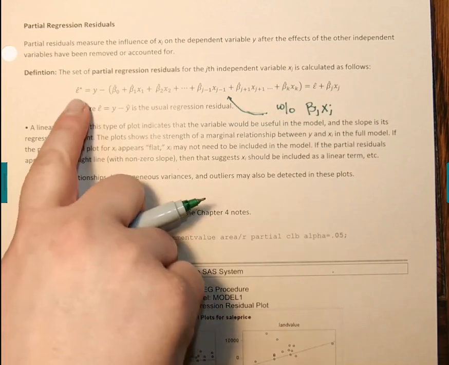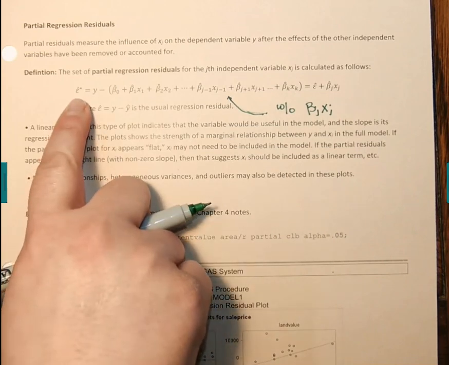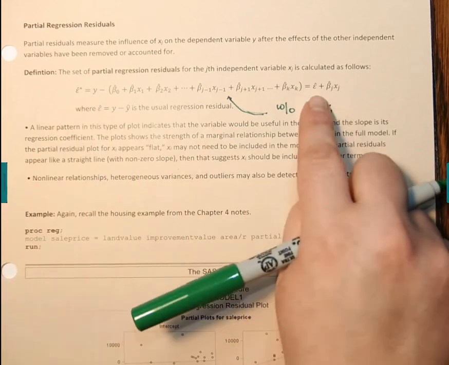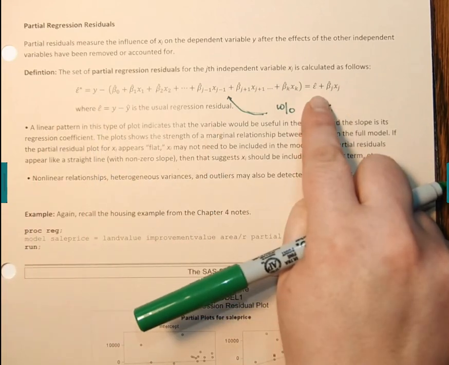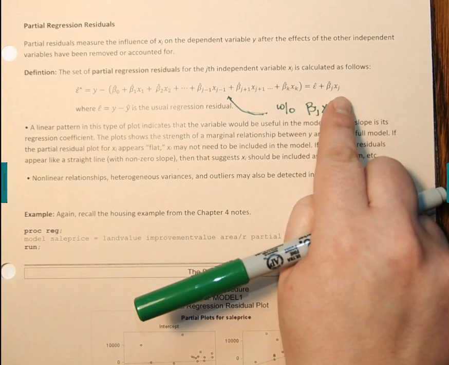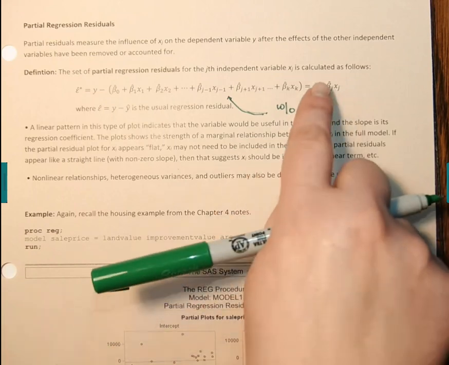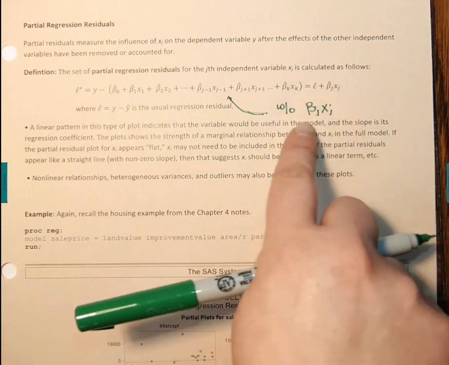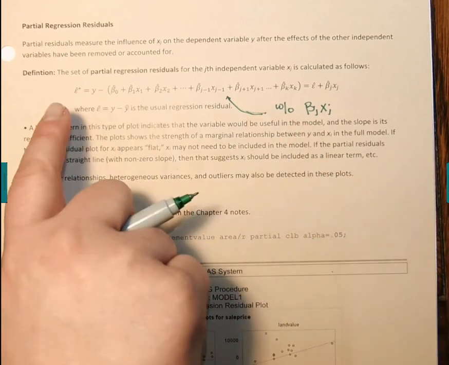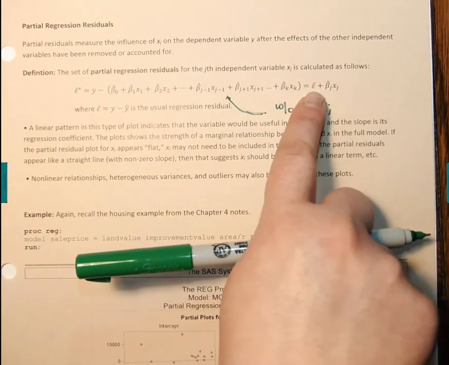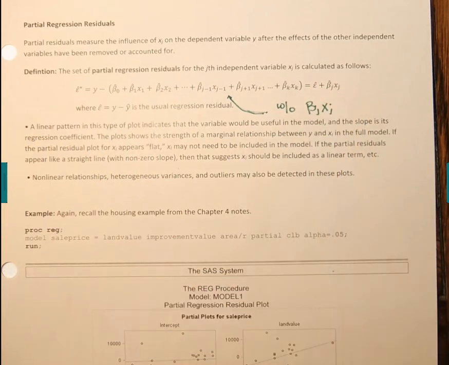So epsilon hat star is equal to the epsilon hat that we saw before plus beta hat j xj. If you go back and look at the previous page, the reason for that is epsilon hat has the beta j xj removed, so epsilon hat star is going to be the epsilon hat plus this term.